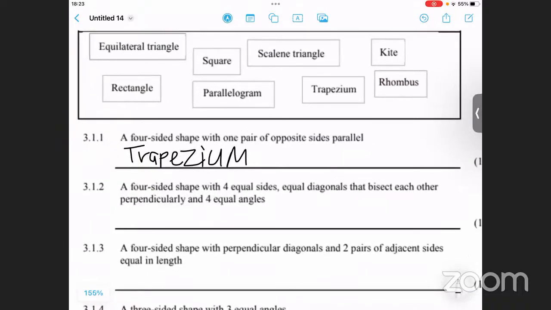They say a four-sided shape with four equal sides, equal diagonals that bisect each other perpendicularly, and four equal angles. Which one is it? Is it equilateral triangle? Is it rectangle? Is it parallelogram? Is it square? Is it scalene triangle? Is it kite? Is it rhombus? Which one is it?